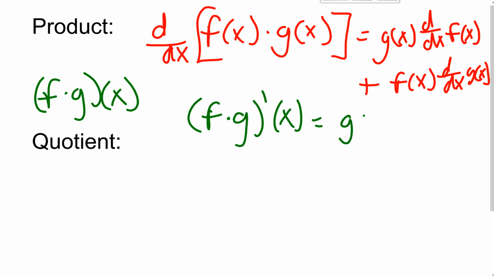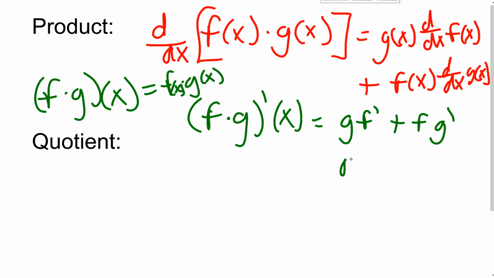I'm putting g first, plus f times g prime. So that's taking g and times it by the derivative of f plus f times the derivative of g. This just means f times g, right? Or f of x times g of x. All right, so you could write it like that, or you could do it like this. Right, these two mean the same exact thing.